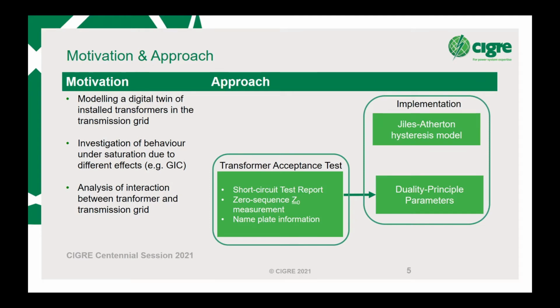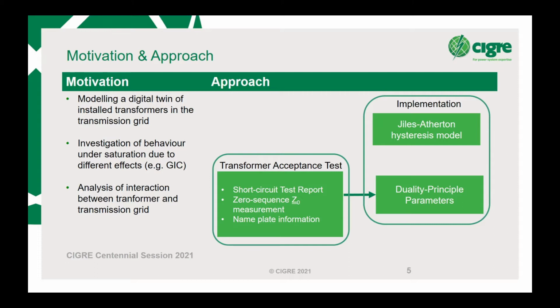What we are doing is, in general, we use standard information such as the transformer acceptance test, the zero sequence impedance, the nameplate information, and with the principle of duality, we transform the magnetic circuit into an electric circuit, which is more common for our power engineers to deal with.